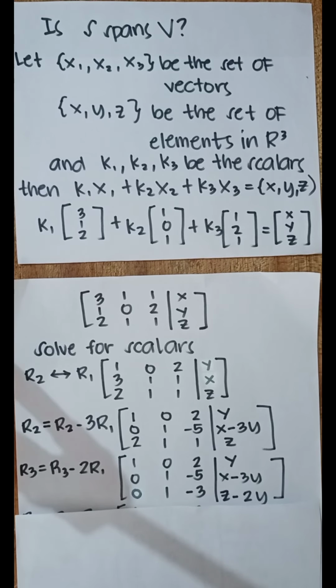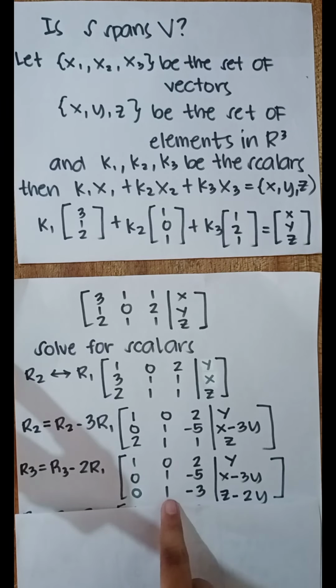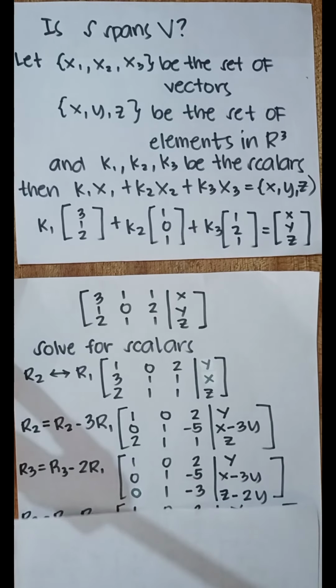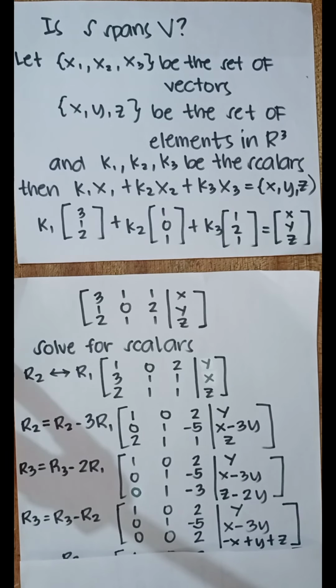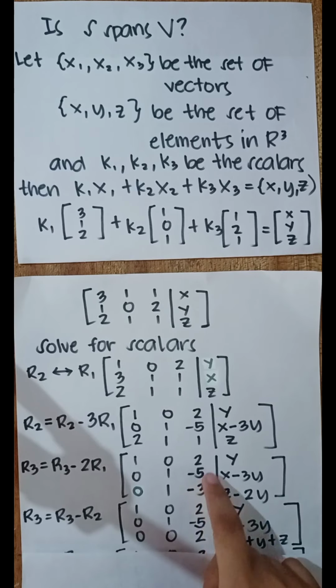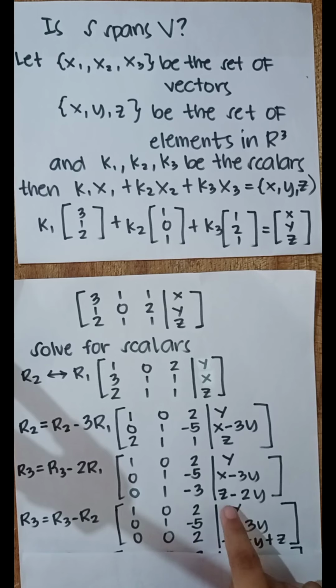In the second column, our pivot is already 1, so we have no problem with that. Let's proceed to this number in R3. We are going to make this number 0. To do that, we subtract R3 minus R2. 1 minus 1 is equal to 0. Negative 3 minus negative 5 is equal to 2.